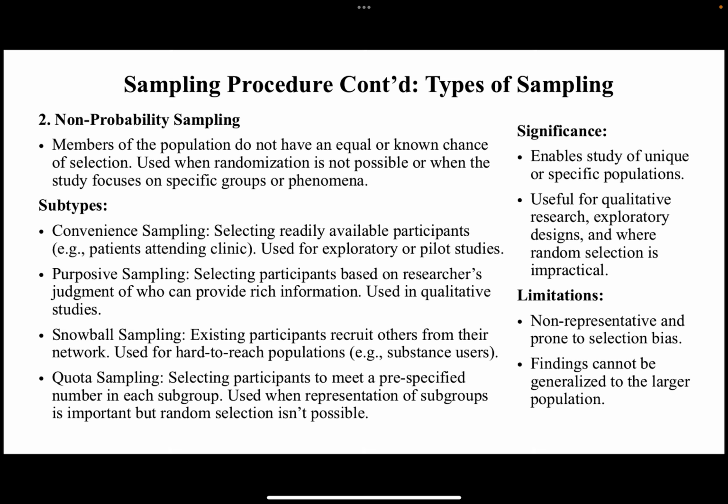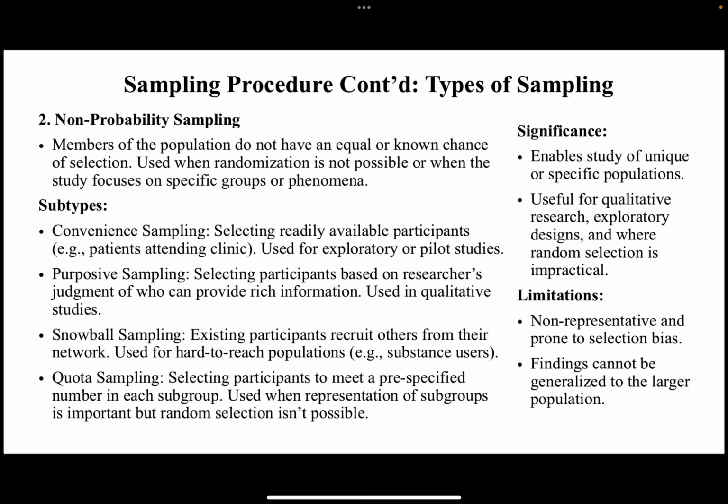But over here, not every member within the target population may have an equal chance of being part of the study. That's why we say it's a subtype of non-probability sampling.